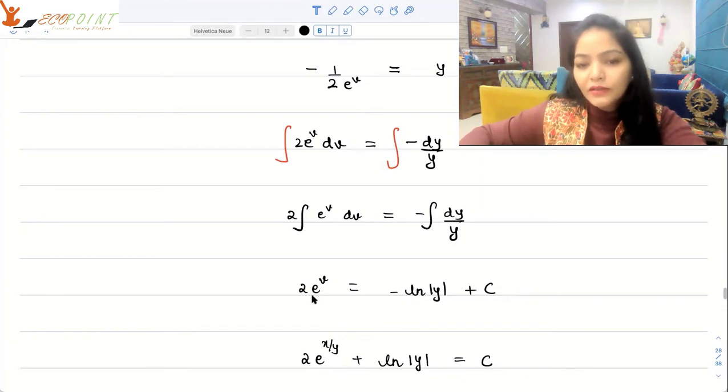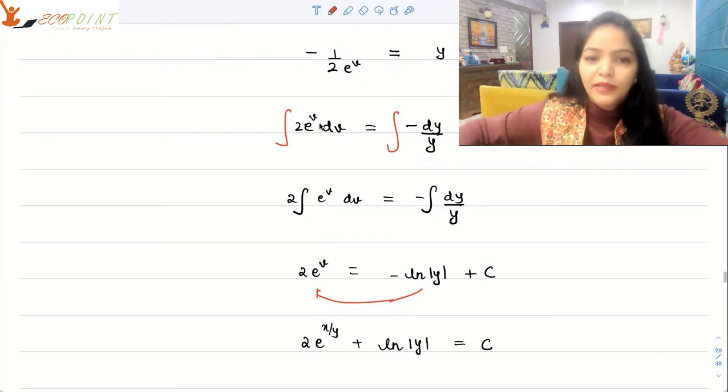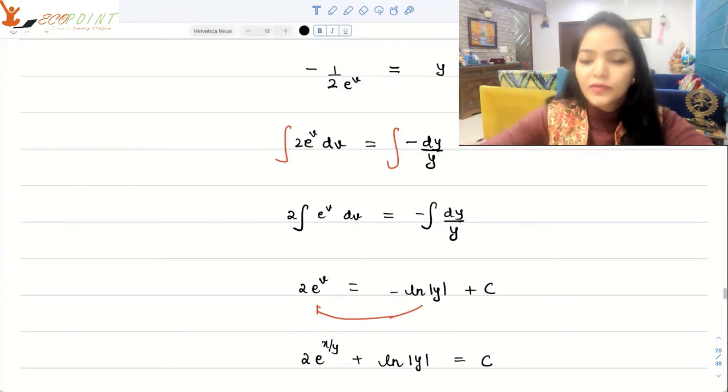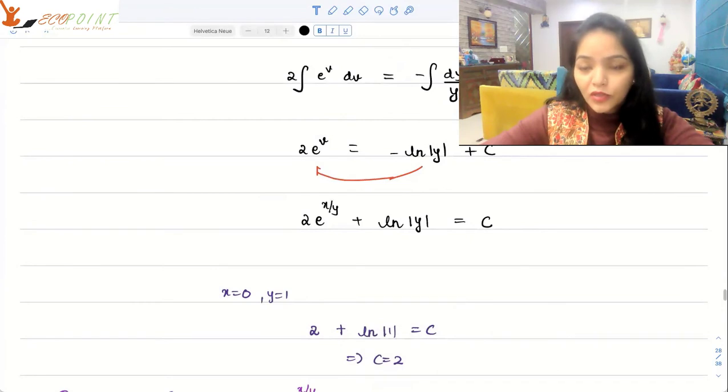Since you have e here, so I'm taking log to the other side. So it's basically 2 times e to the power x by y plus log mod y equals to c. Now this is what you get for your general solution. Now you have C.